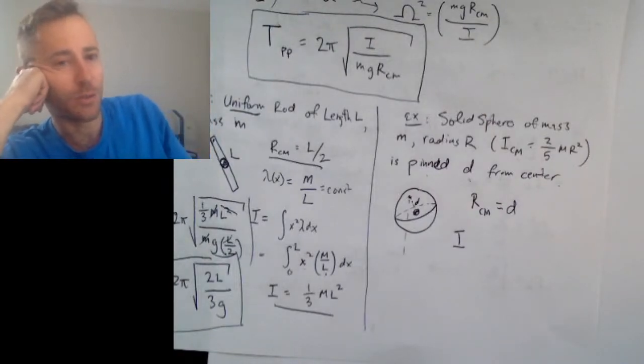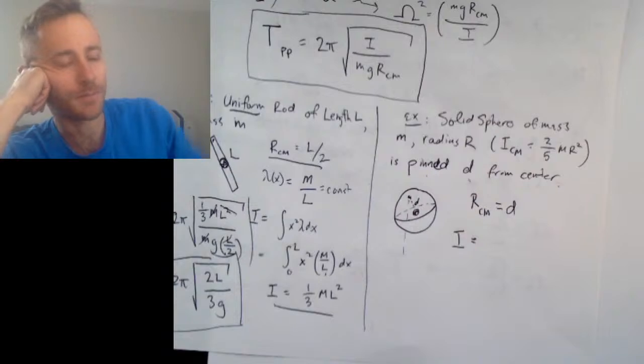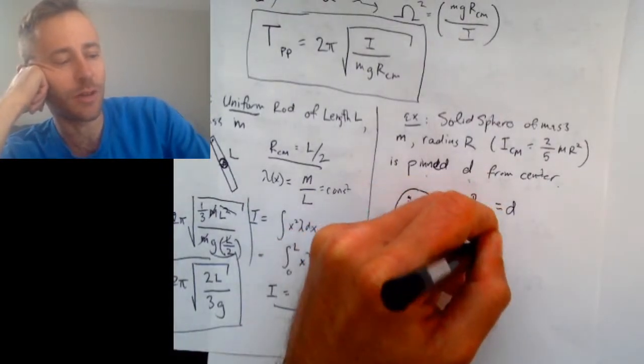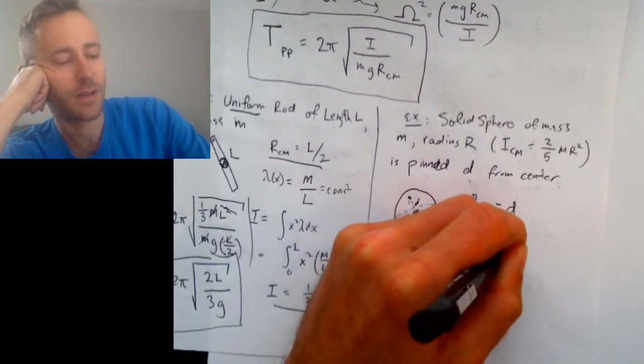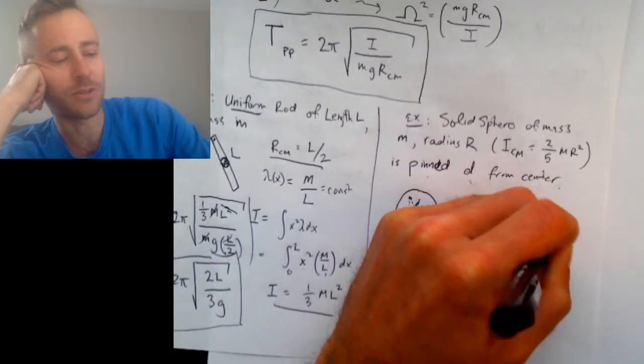So we need to use the parallel axis theorem, which says that the inertia about an axis is equal to the inertia about the center of mass plus m times the amount that it's shifted.